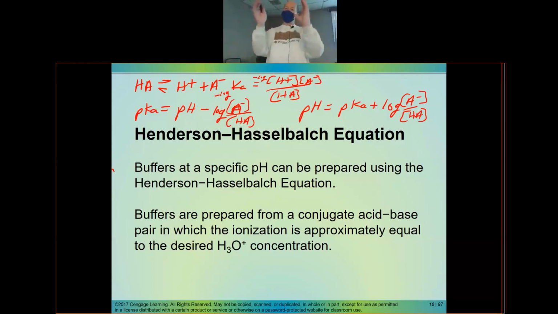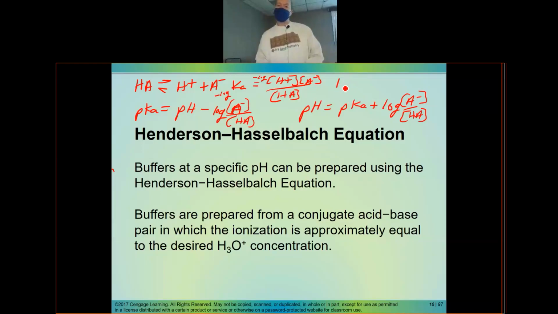Every time you have an initial A minus and HA, that is also the equilibrium concentration of A minus and HA. But the H plus is 0. In order to have a buffer, your H plus has to be 0. So this is just a much quicker way to get the answer.